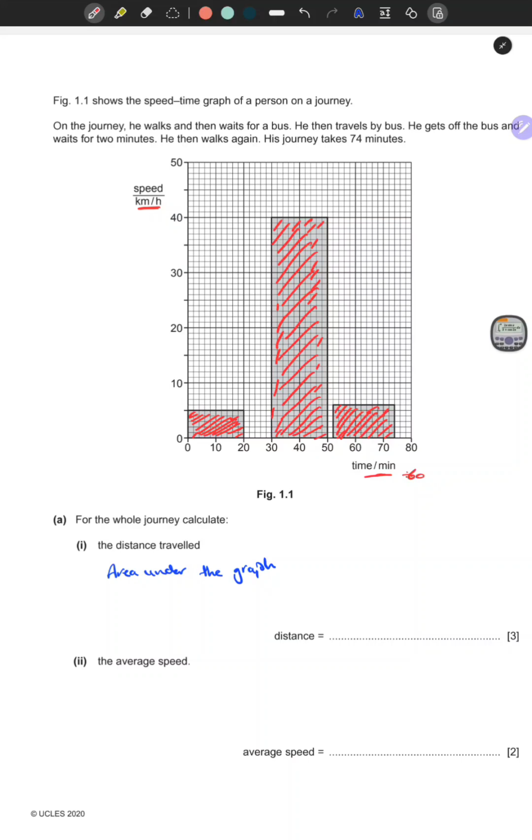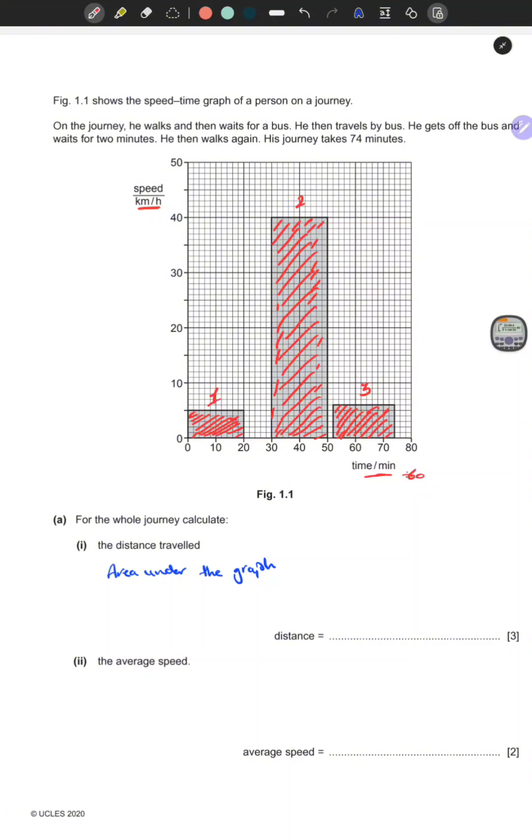So finding the area of the first, let's name them, this is the first and this is the second and this is the third actually.